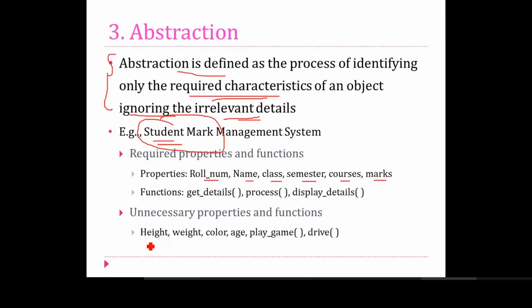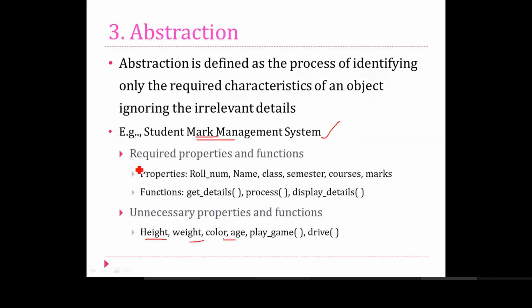But there are some other properties like height, weight, color, age, etc. These properties can also belong to a student, but they are not relevant to the student mark management system. For this application, these are the required properties, and those are not required. Such a practice of considering the required properties and ignoring the irrelevant ones is called abstraction.